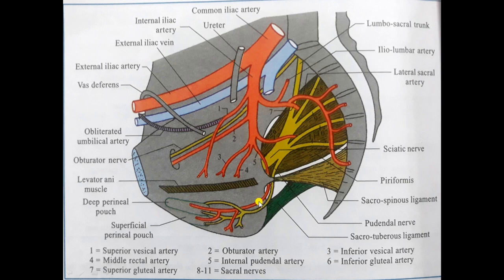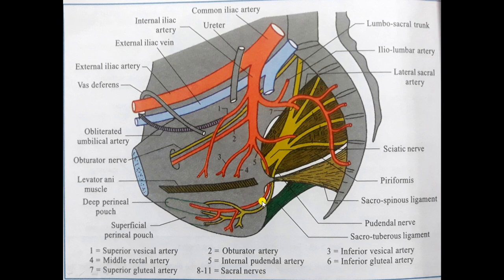And here it enters the pudendal canal. In the pudendal canal, the pudendal nerve and pudendal vessels pass. The nerve to obturator internus separates from these two structures and supplies the obturator internus muscle.